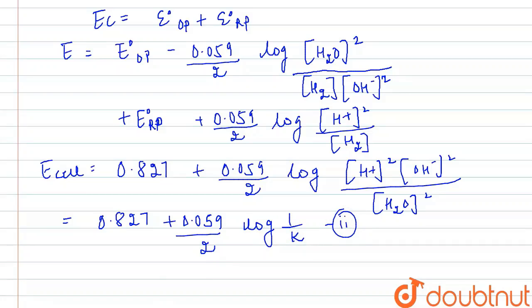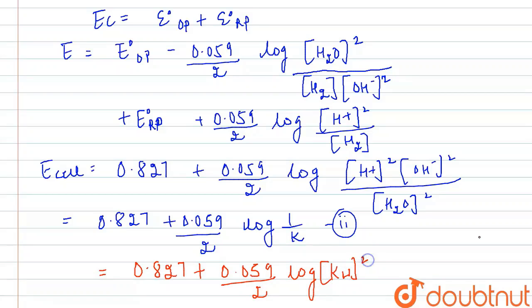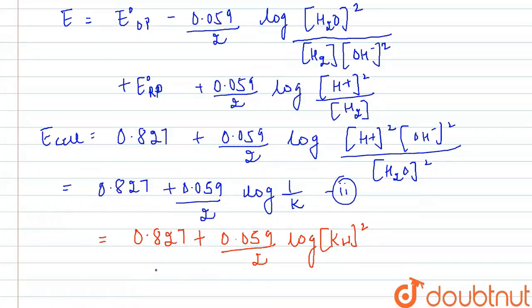Now from this what we can do is, we know that E cell is equal to what? It will become 0.827 plus 0.059 divided by 2 log Kw square, which we earlier have also written here, log Kw square. We also know at equilibrium, we have to consider here the equilibrium condition.